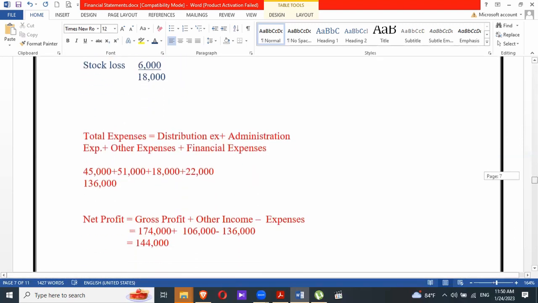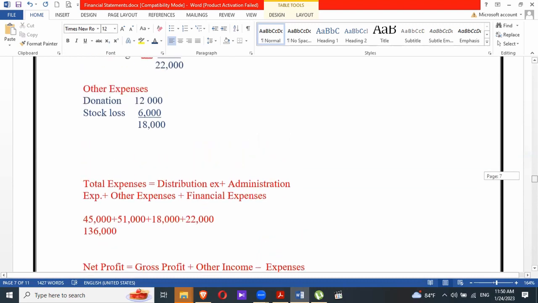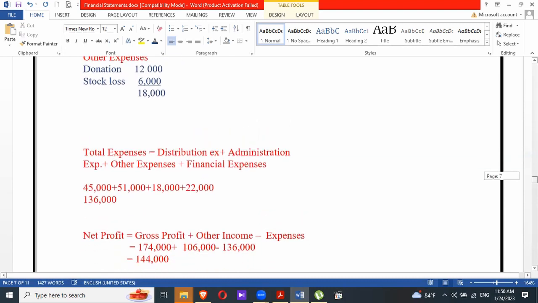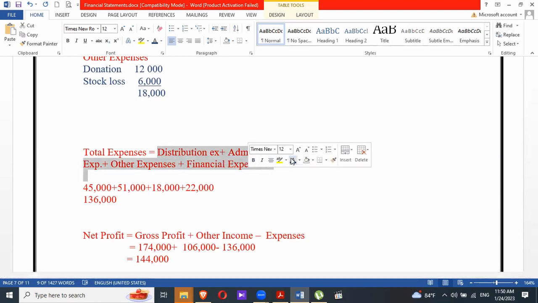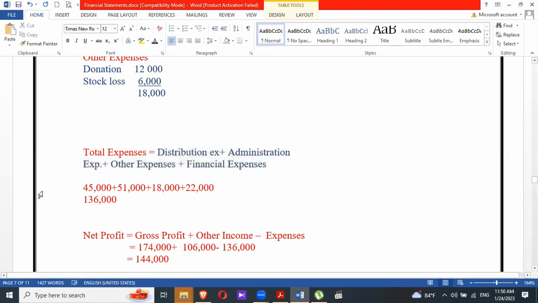Then we have to calculate the net profit. Before we calculate net profit, it's better to calculate total expenses. Total expenses equals distribution expenses plus administration expenses plus other expenses plus financial expenses, right? So summation of these four figures, 45,000, 51,000, 18,000 and 22,000, 136,000, right?